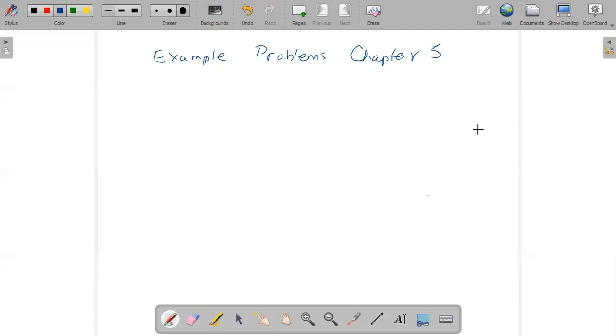If it's going to remain motionless, the friction has got to equal mg. So the friction is going to be the push times mu s equals mg. Let's see what we have here.